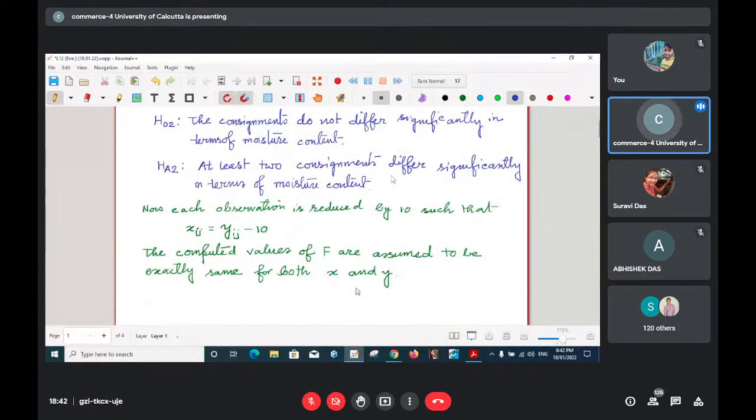Now, in order to clarify it, I have already written that the computed values of the F statistic are assumed to be exactly the same for both X and Y. What does that mean? It means that even if you do not subtract, the values will be the same, the conclusion will be the same, the answer will be the same if you have done it correctly.